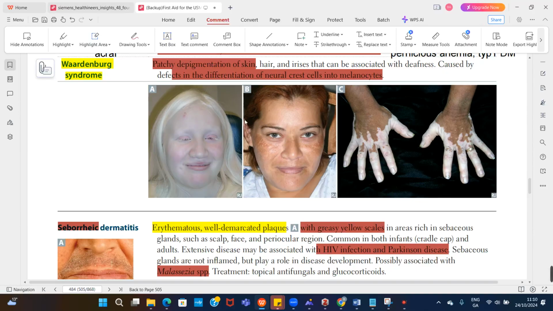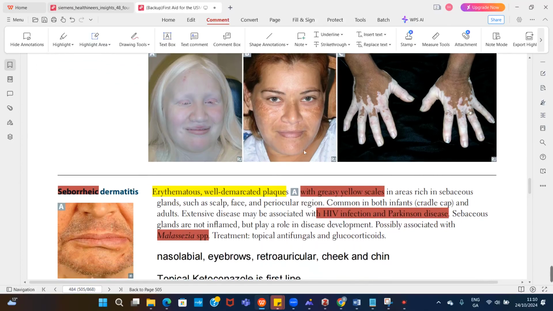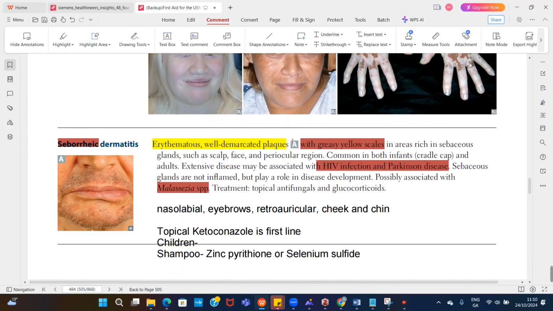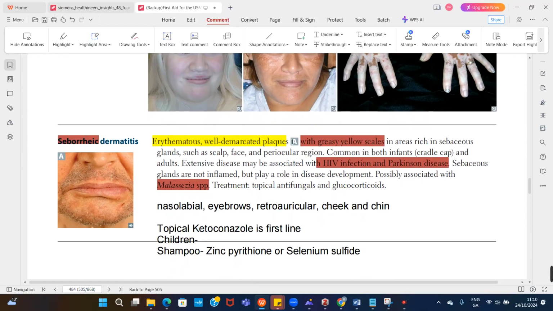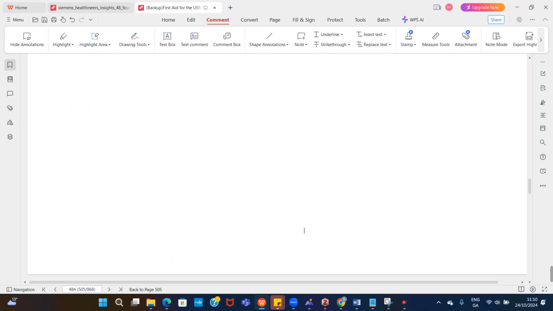It affects the hair, the retroauricular area, the eyebrows, the nasolabial folds, and also the cheeks and the chin. All these areas are rich in sebaceous glands. So that is where you have the lesions in adults.